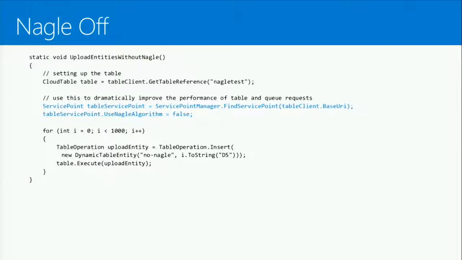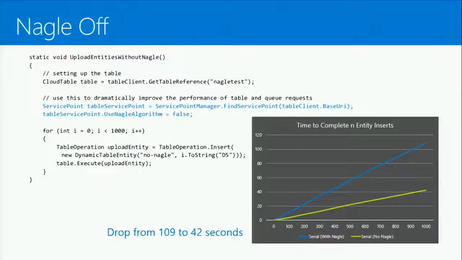You could also turn it off globally either way, but this kind of narrows it down to just the table endpoint in case you need it on for something else. And then we try exactly the same code as we had before. Now you can see the graphs in terms of the time to complete a number of entity inserts. We've now decreased 109 seconds down to 42.